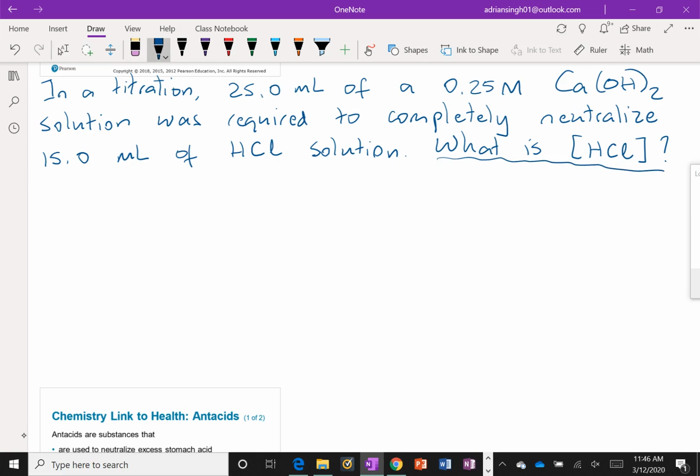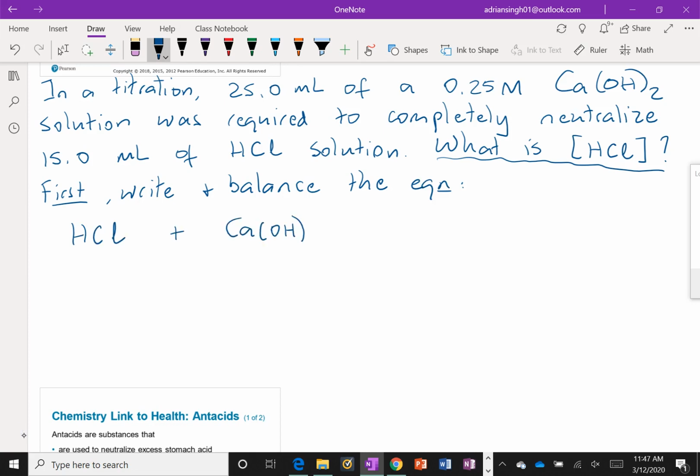All right, so the first thing to realize here is that what you're essentially doing is performing a chemical reaction. You're adding the base to the acid. So we can write an equation for that process, and it's an acid-base neutralization reaction. First, write the equation, and balance the equation. So we have HCl plus calcium hydroxide, Ca(OH)2.